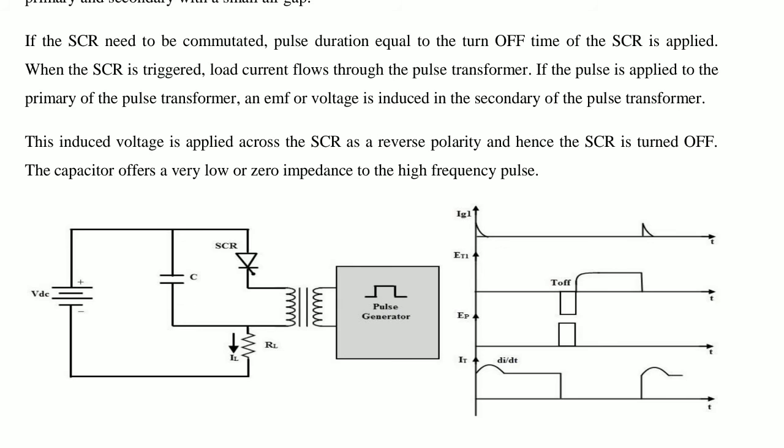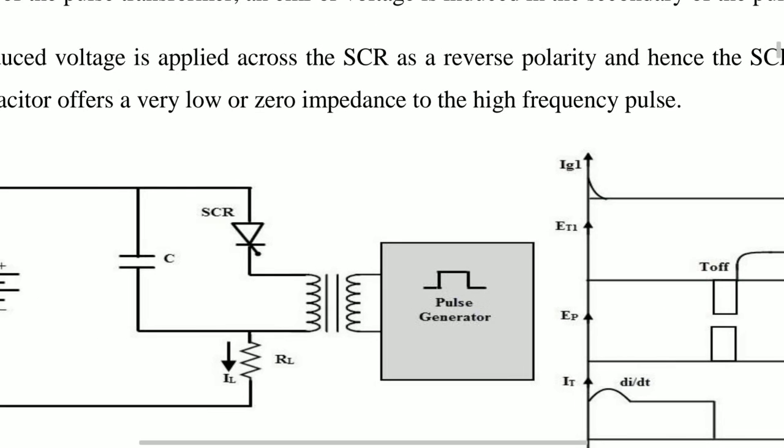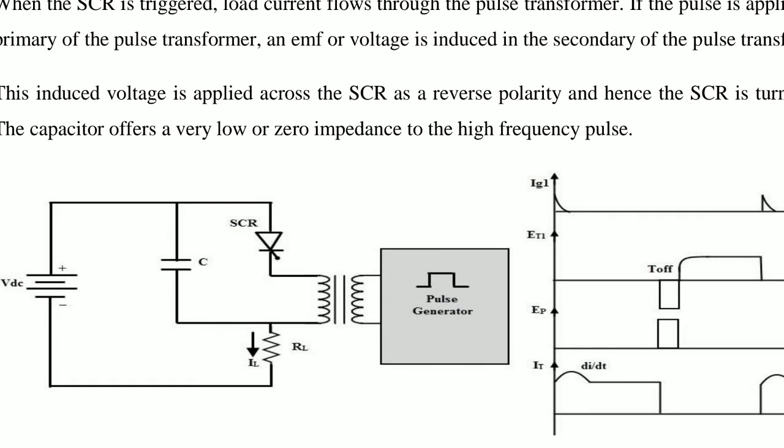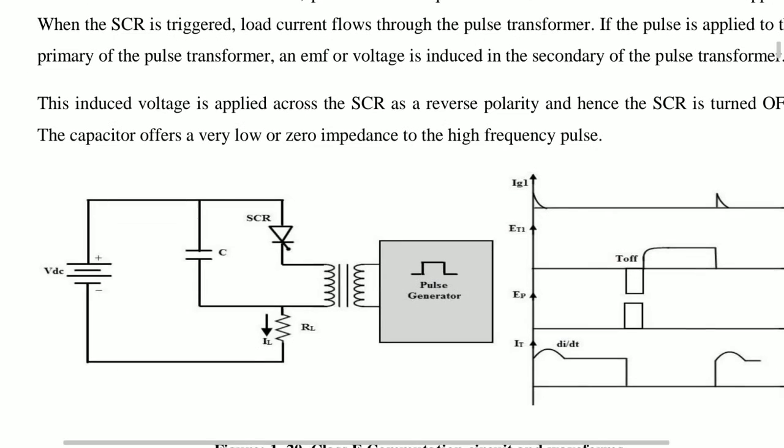There is a primary winding and a secondary winding. The secondary winding is connected to the power circuit to the SCR, and the primary winding is connected to the pulse generator. So this is tight coupling having minimum air gap.